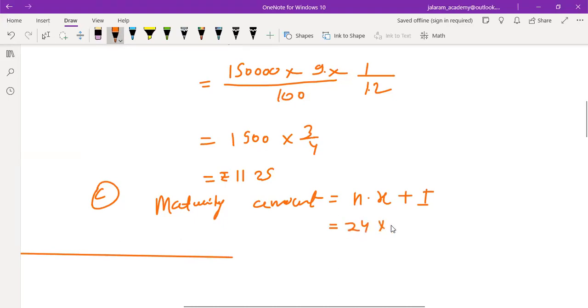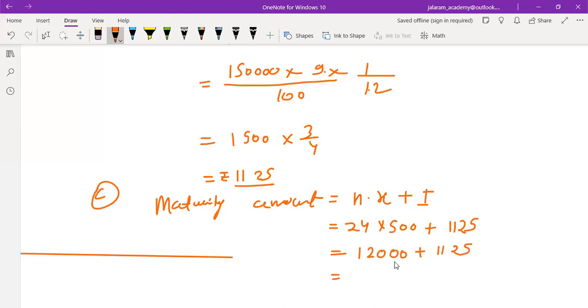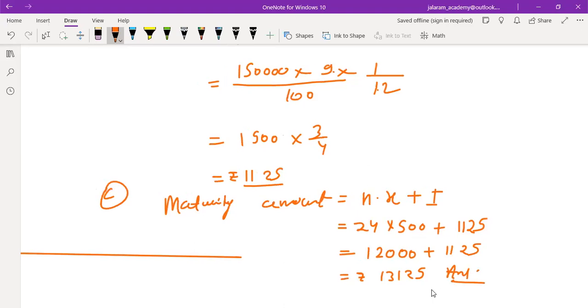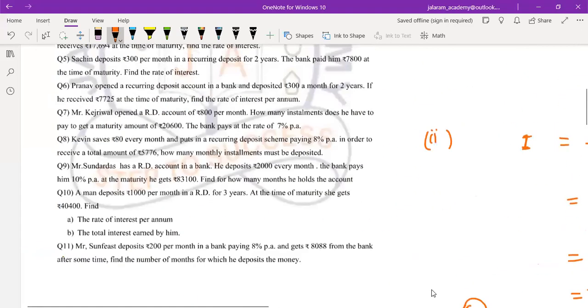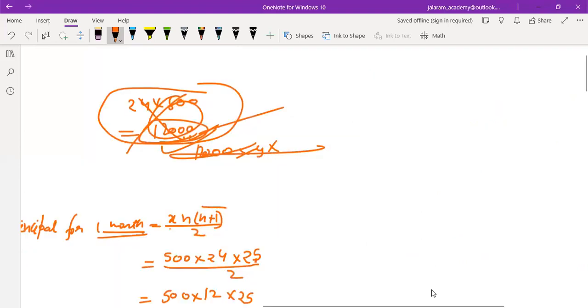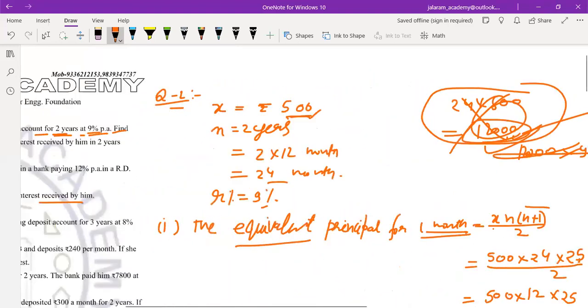So 24 into 500 plus the interest we have calculated, 1,125. So it is 12,000 plus 1,125, that is rupees 13,125, which is the final answer. Means Aman gets rupees 13,125 at the end of this period of 24 months.